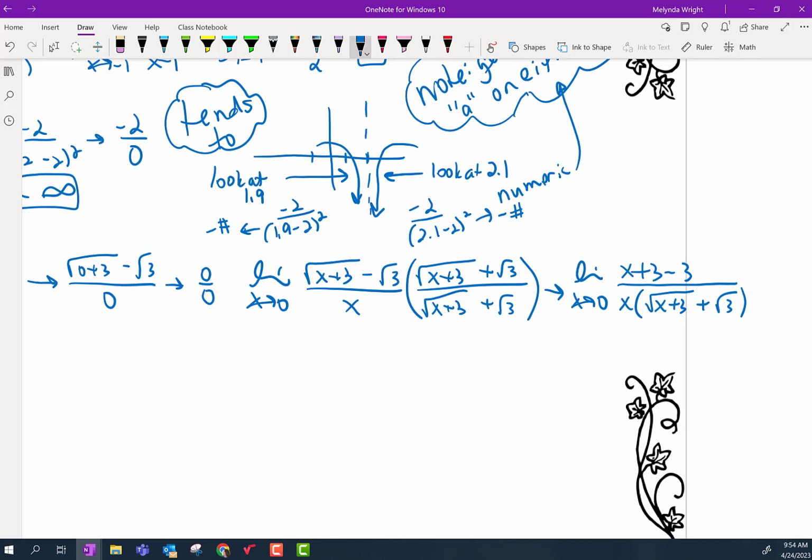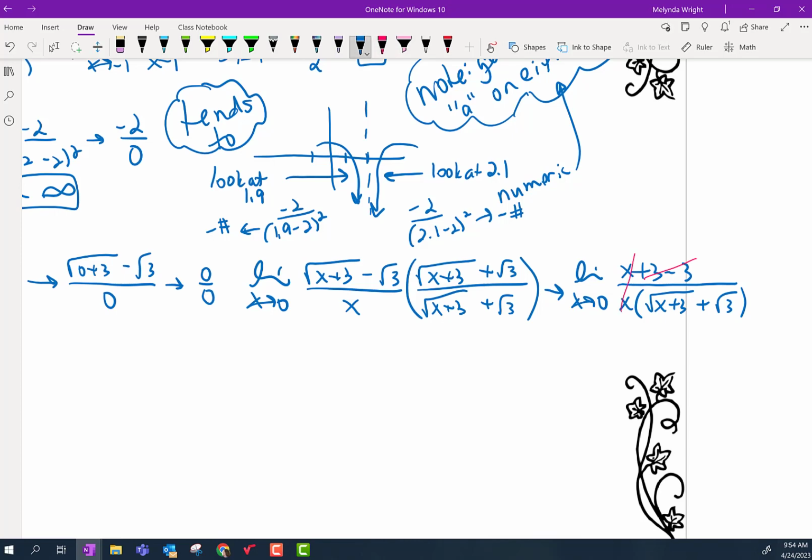All right, so let's simplify. So we know 3 minus 3 is 0. And we have x over x times root x plus 3 plus root 3. Do we see anything else that we can cancel? Yep, the x. We got the x on top and the x on bottom. So those cancel.